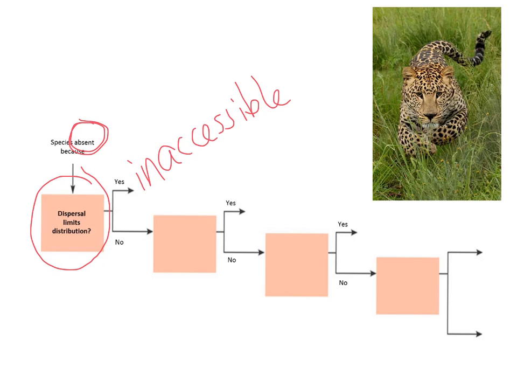So if dispersal limits the distribution, there's something going on with the biogeography. They were unable to either access that land or utilize it for any length of time. If that was not the case, then we move on to our next question.